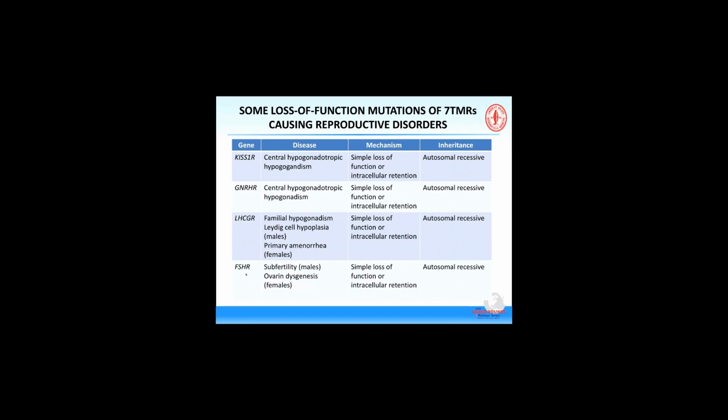And there are a number of diseases that are due to mutations of these receptors. These are diseases, the ones that I listed here, that are due to mutations that prevent these receptors from functioning well.